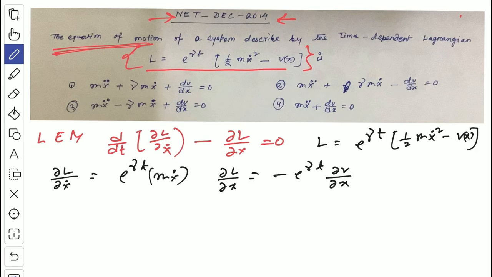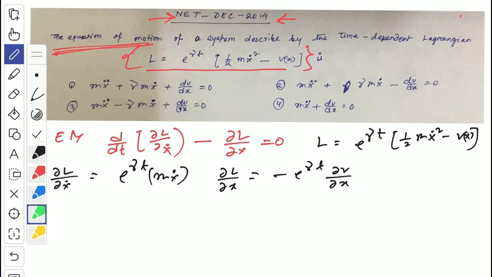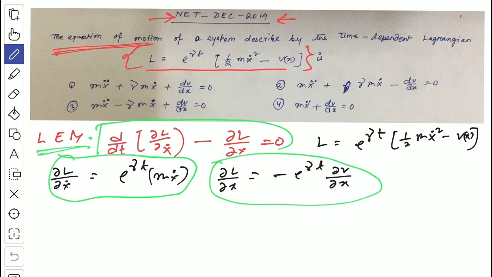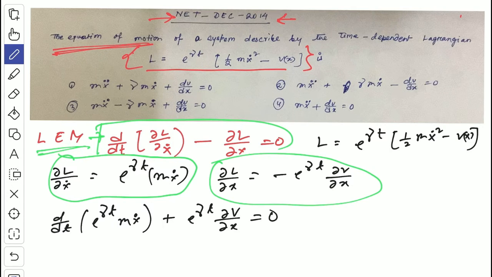If you put those values of del L by del x dot and del L by del x in the Lagrangian equation of motion, then you will get d by dt of e to the power gamma t m x dot plus e to the power gamma t del V by del x is equal to 0.